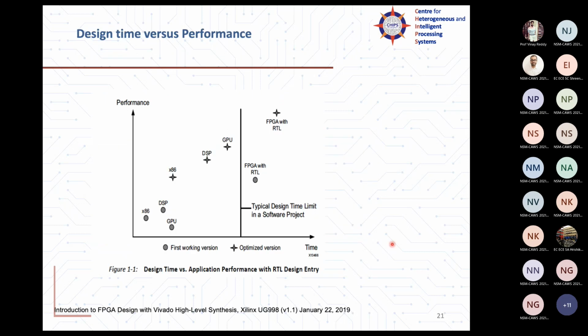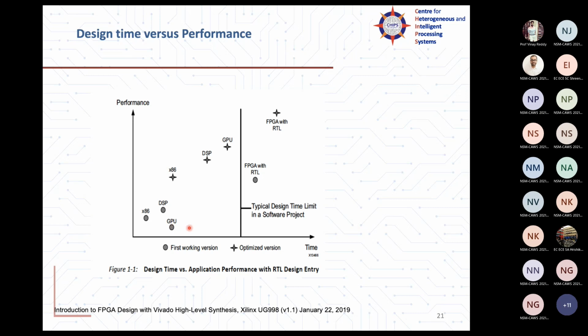We are able to see significant improvement in design time. If we were to compare design time versus application performance across a bunch of devices, what you see as gray dots are the first working versions on 3 different architectures, maybe x86, a DSP, and a GPU.